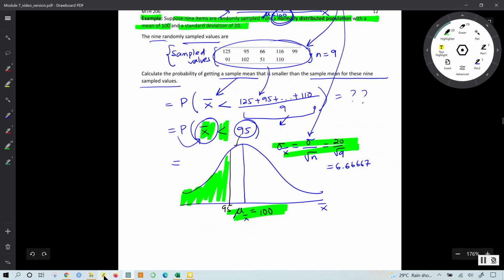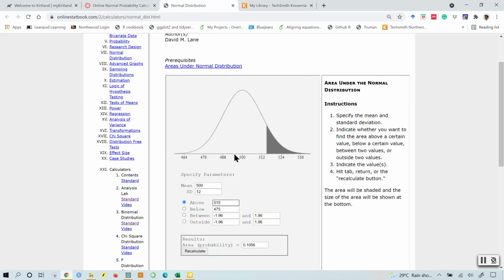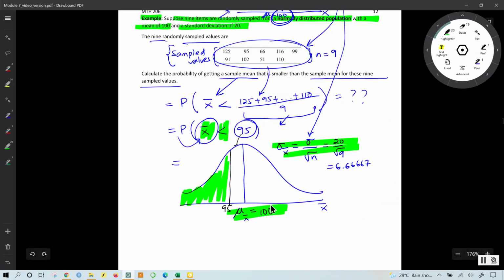So I'm going to go back to my normal distribution calculator. I'm going to key in the mean. The mean in this case is 100, and the standard error is 6.66667. And from the question, I have 100 and this value already keyed in.